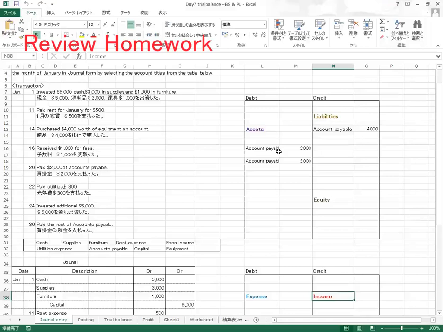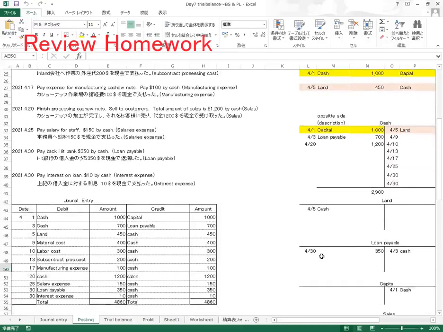So if you owe someone money, the liability increases, so the liability appears on the right side. But if you pay back your accounts payable, then the liability decreases, so it appears on the left side, the debit side.